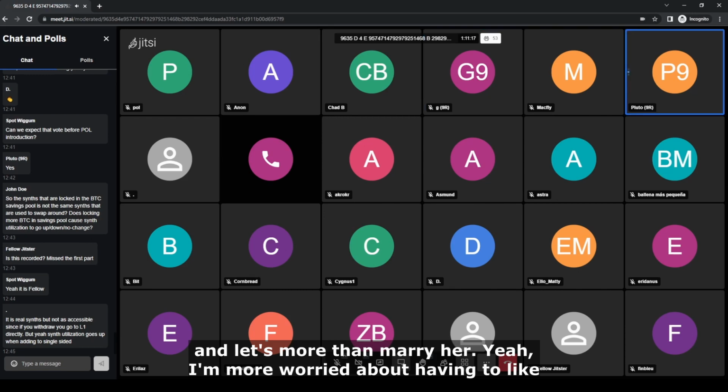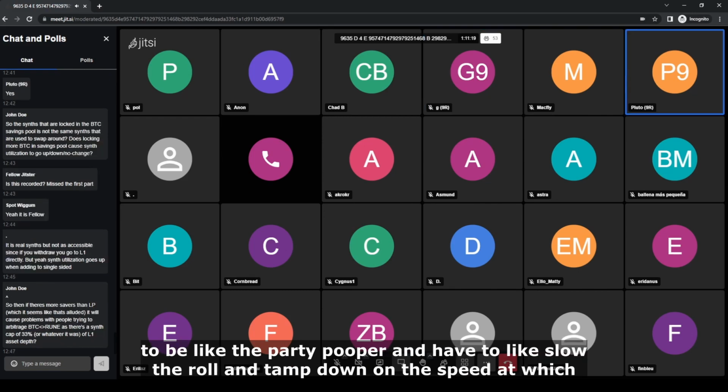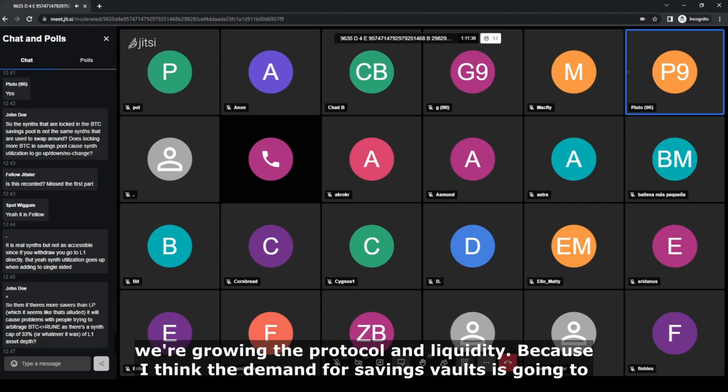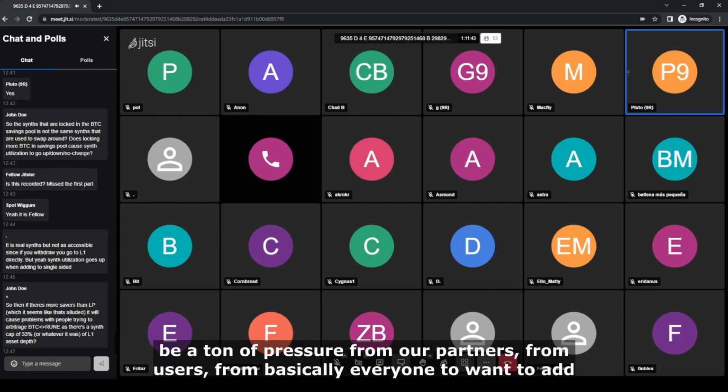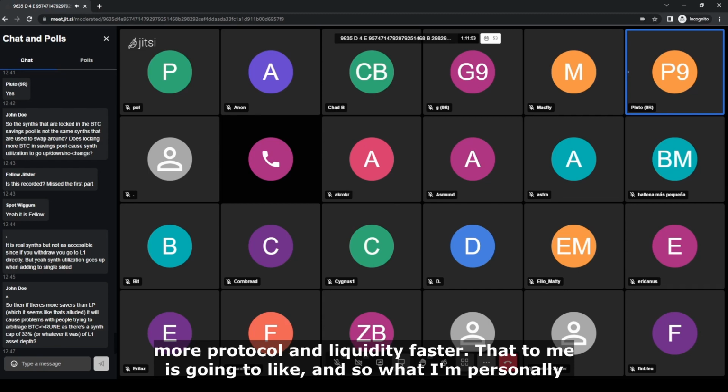I'm more worried about having to be a party pooper and slow the roll and tamp down on the speed at which we're growing the protocol-owned liquidity, because I think the demand for savings vaults is going to be so high and so fast. There's going to be a ton of pressure from our partners, from users, from basically everyone to add more protocol-owned liquidity faster.